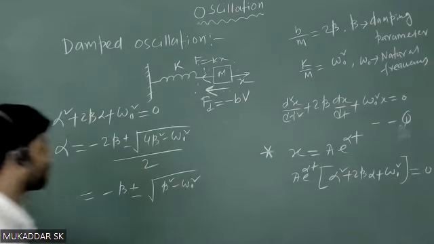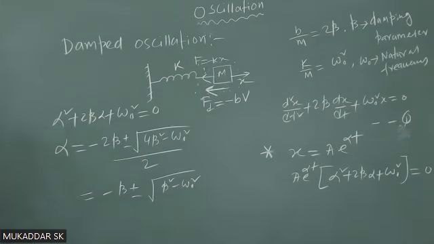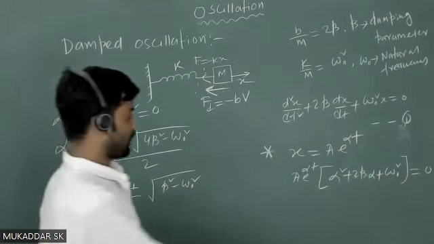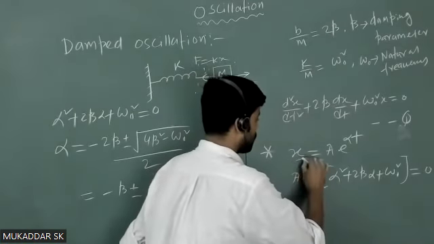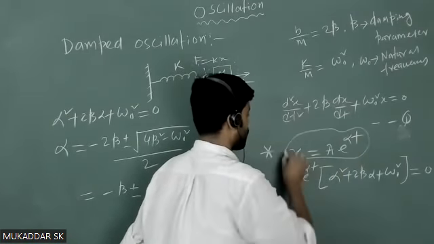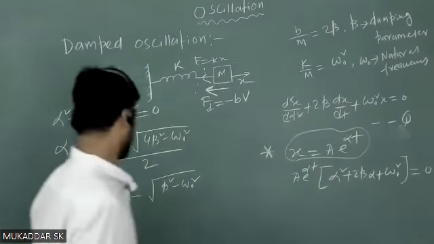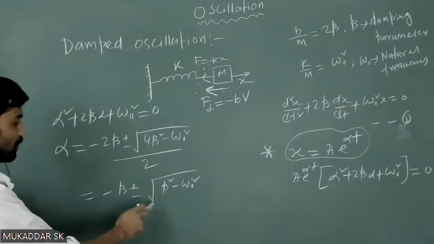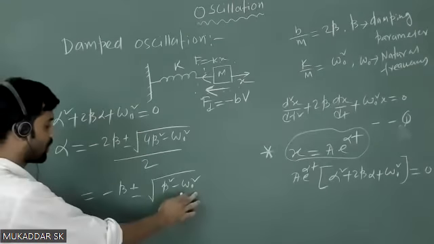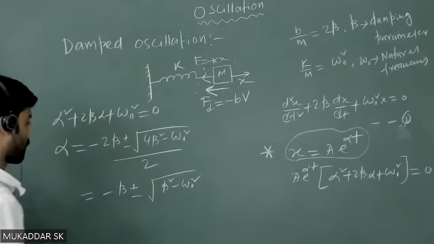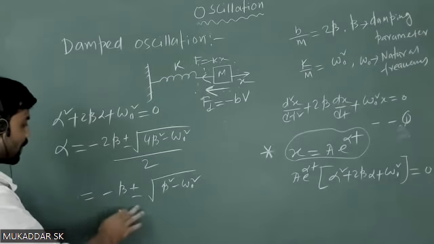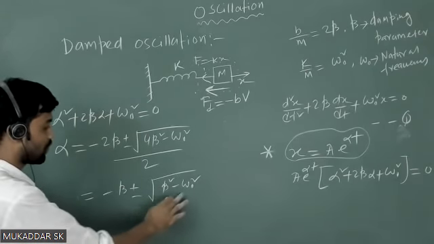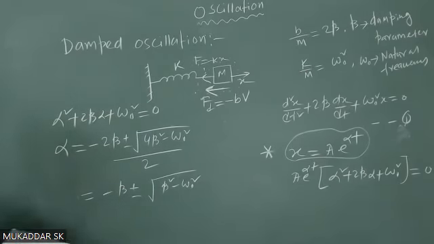Okay. So this is the alpha. So you have assumed this is your solution, and you got that alpha value. So you have two roots, right? One is minus beta plus square root of beta square minus omega naught square. Another root is minus beta minus square root of beta square minus omega naught square. So there are two roots.